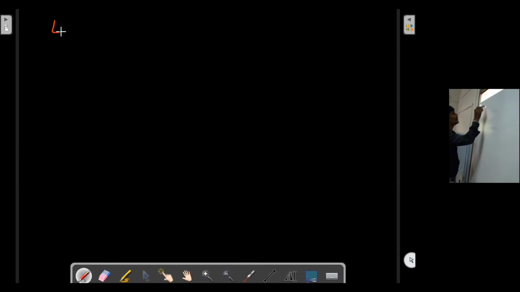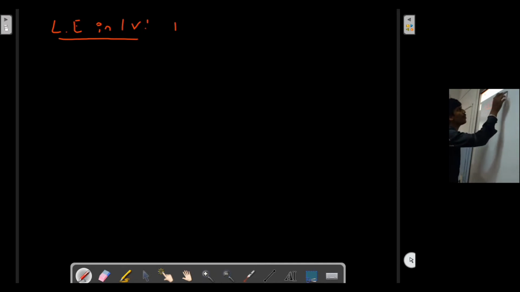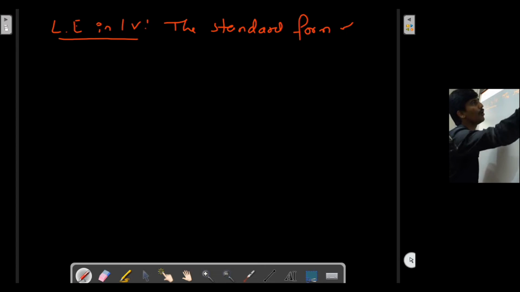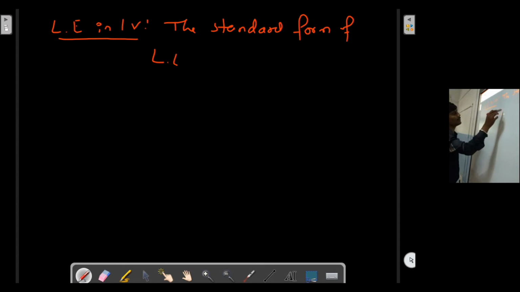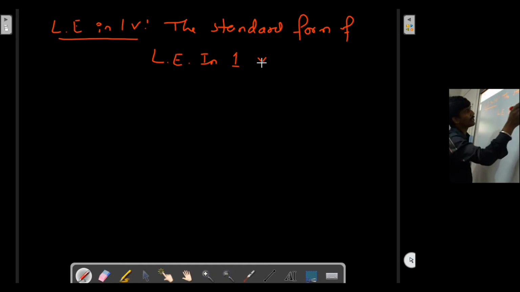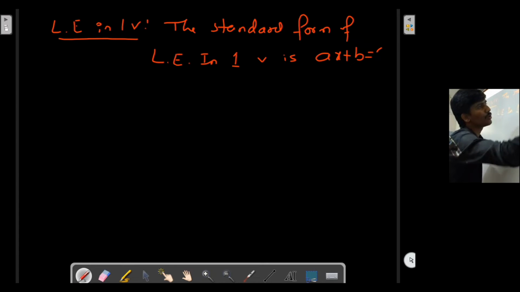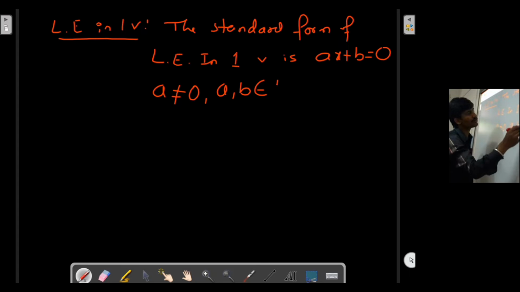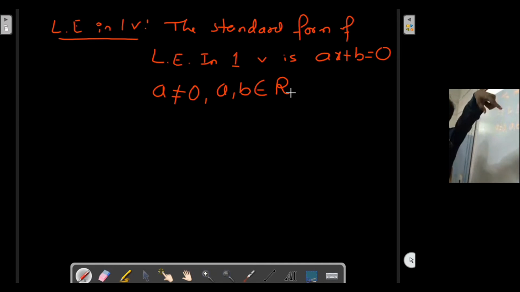For example, the standard form of a linear equation in one variable is ax plus b is equal to 0, where a is not equal to 0, a, b belong to R. So a and b are constants, and we are going to consider those two constants from real numbers. Why have I written here that a is not equal to 0?